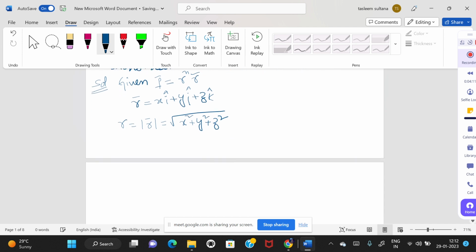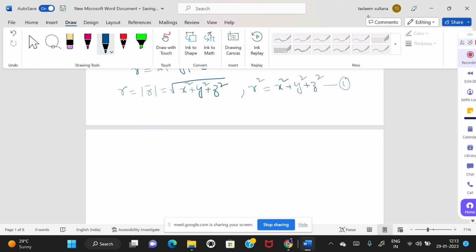If I square on both sides, what I am going to get, r square is equal to x square plus y square plus z square. I will call this equation number 1. To this equation number 1, I will do partial differentiation with respect to x, with respect to y, with respect to z.